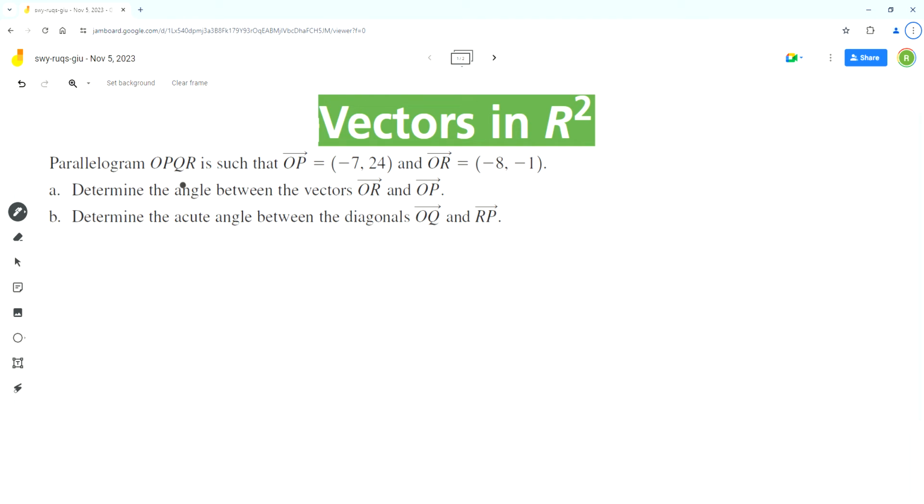Now in this parallelogram OPQR, point O represents the origin, and we are given the position vectors for points P and R. So point P is (-7, 24) and point R is (-8, -1). The first step is to sketch these points.